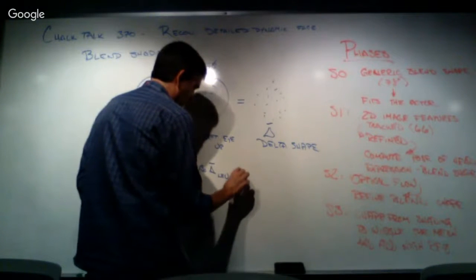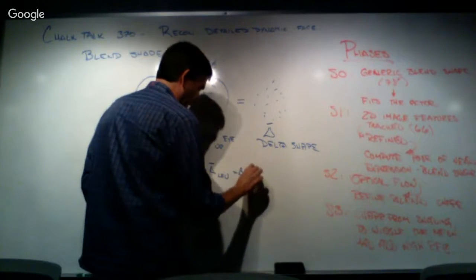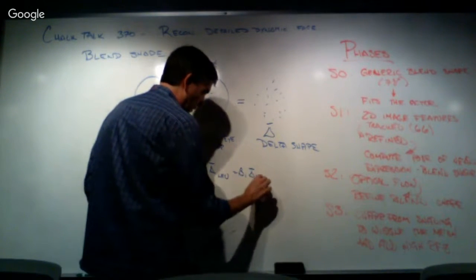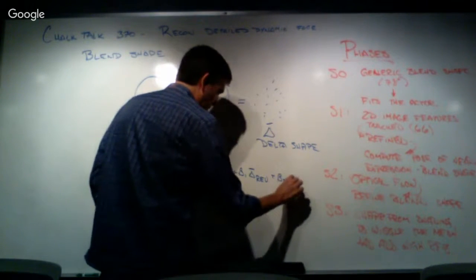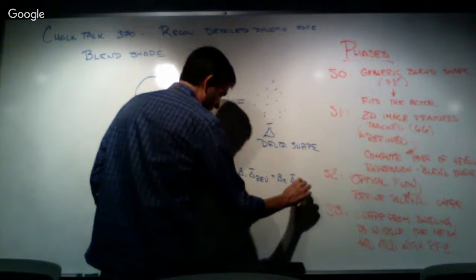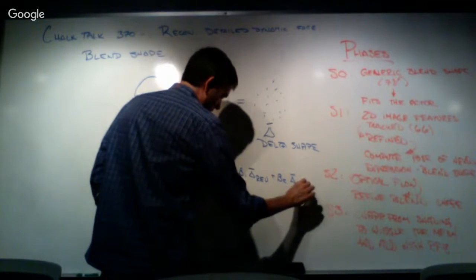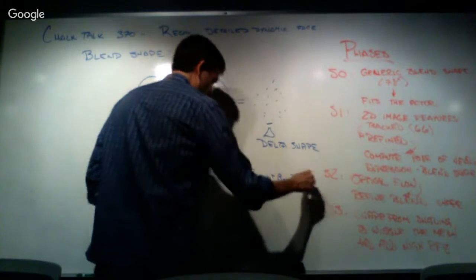So you do this with beta 1 and your delta for right eye up. And you do it with beta 2 and the delta for left smile up, and all sorts of things.